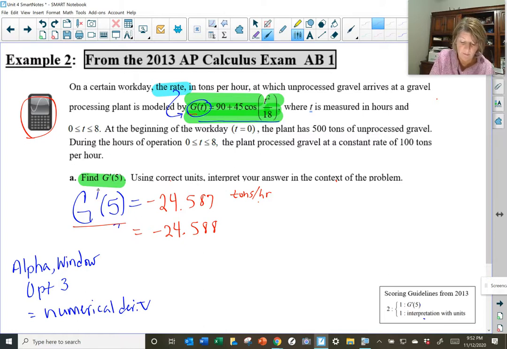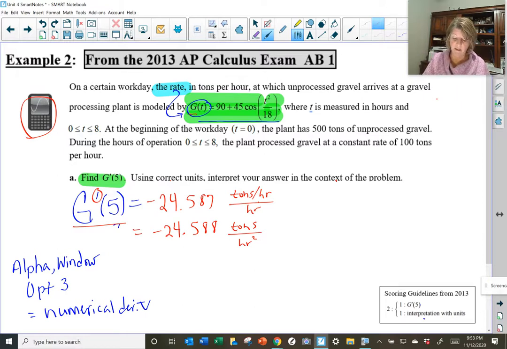But we did a rate on it, right? We took a derivative. So I get it over time. So I'm getting tons per hour per hour. You also could write that as tons per hour squared if you prefer that notation. So really this is a rate of a rate, and that's why we get the hour squared, hour per hour.